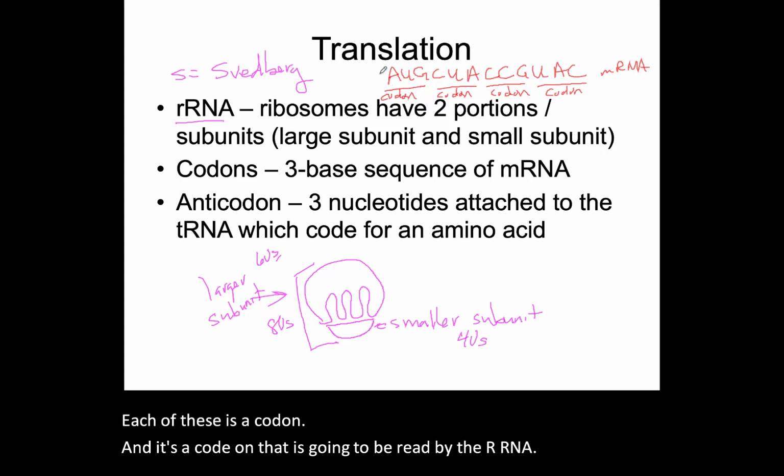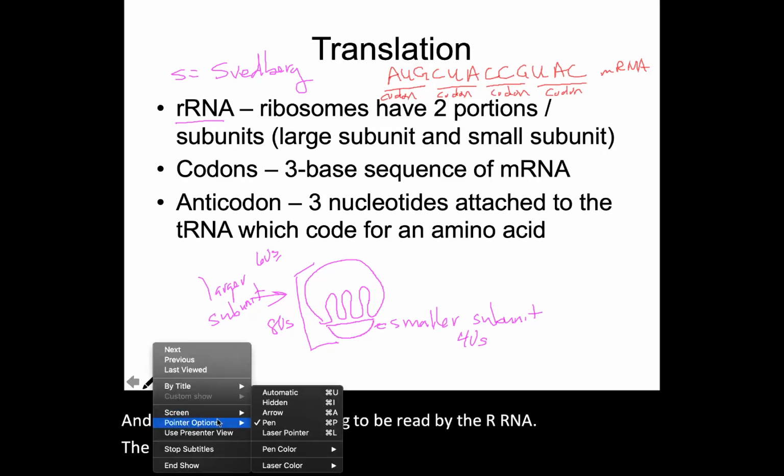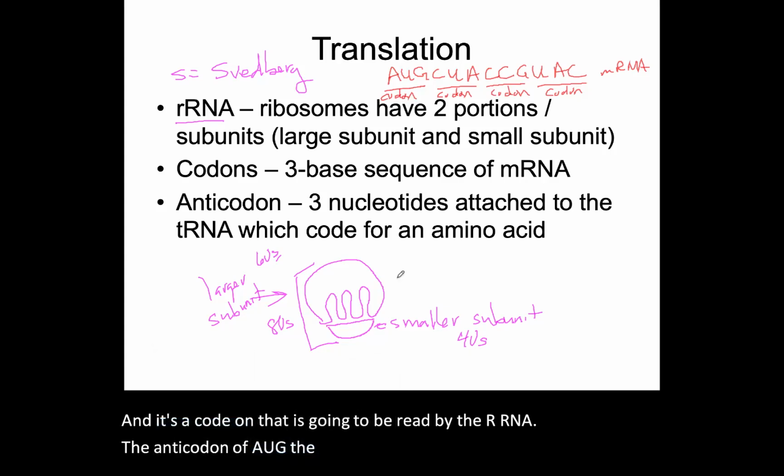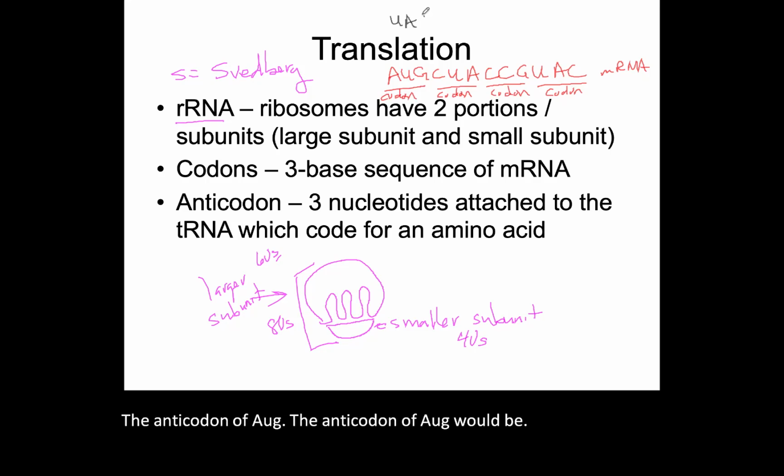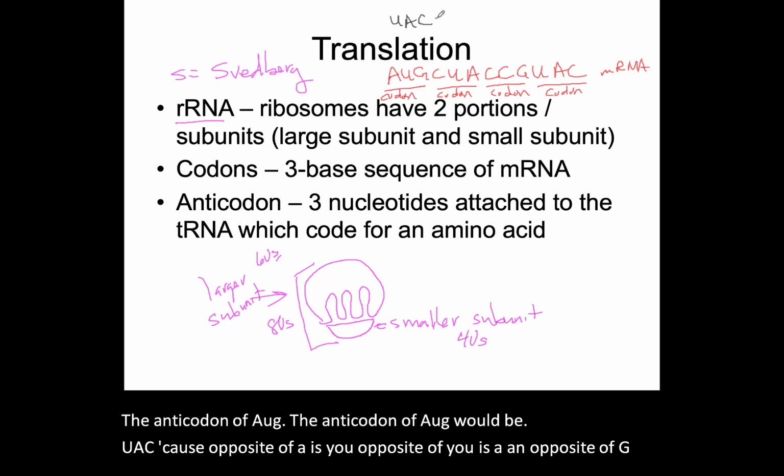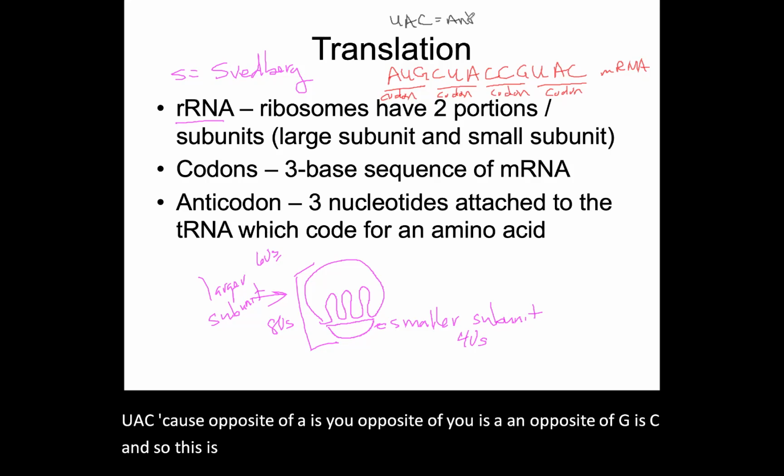Well, the anticodon of AUG would be UAC, because opposite of A is U, opposite of U is A, and opposite of G is C. And so this is the anticodon.